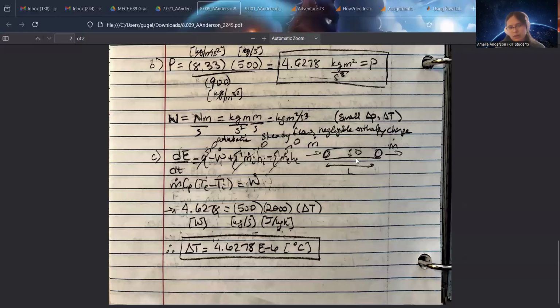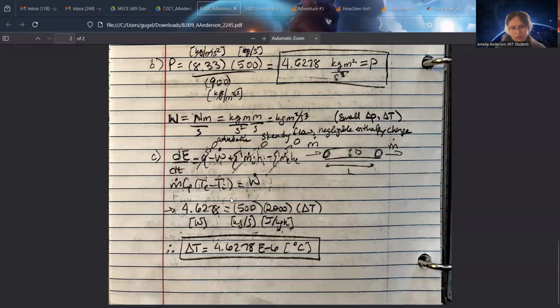And since it's one inlet, one outlet, our mass enthalpy terms should cancel each other out, which leaves us with the change in energy, because remember, not steady state this time, in terms of temperature, is equal to our negative flow work. And our change in energy is just going to be m dot Cp change in temperature.